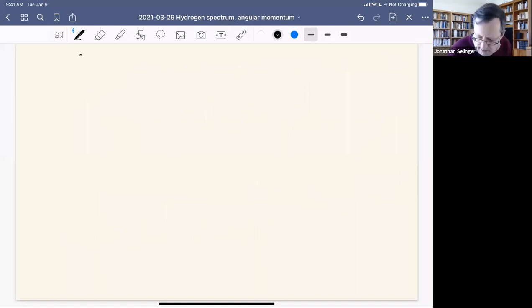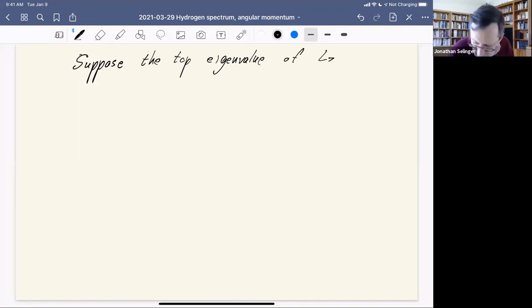So suppose there's a top and a bottom. Suppose the top eigenvalue of Lz is mu top, and likewise suppose the bottom eigenvalue is mu bottom.